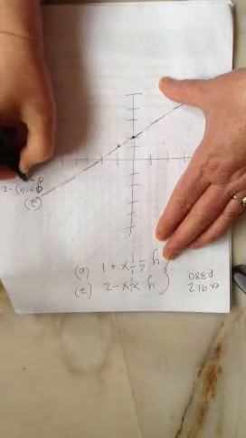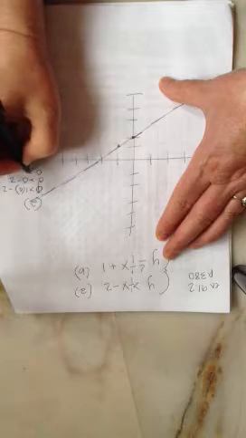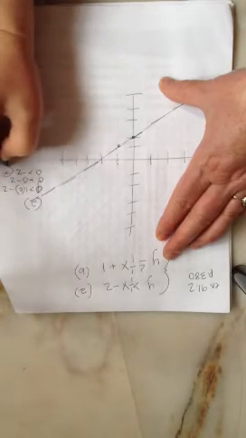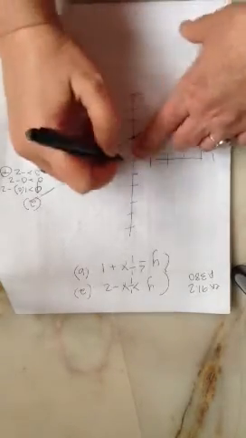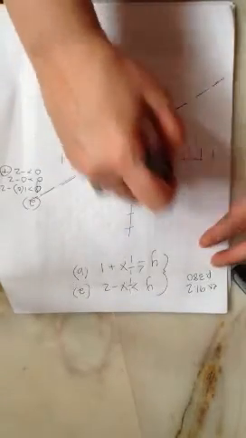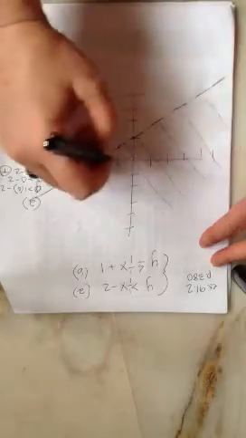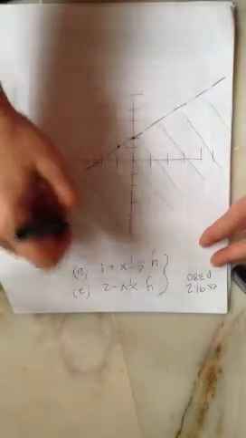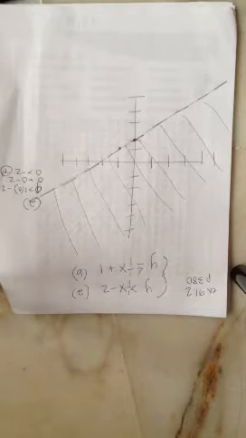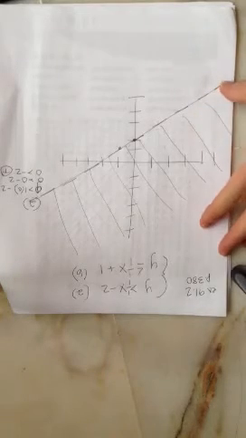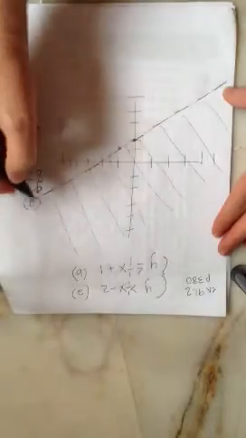That's 0 is greater than 0 minus 2. 0 is greater than minus 2. That's true. So for line A, we want the test point of the origin to be part of the solution. And I should mention, you can use anything as the test point, but the origin is always the easiest because it's zeros, and the multiplication always works out really clean. So there's the solution to A.